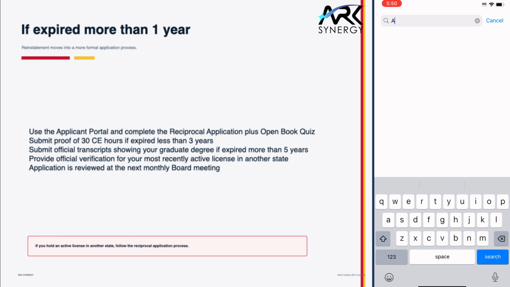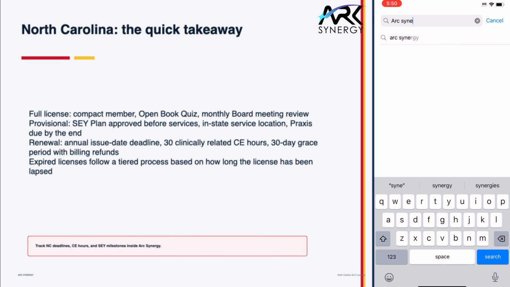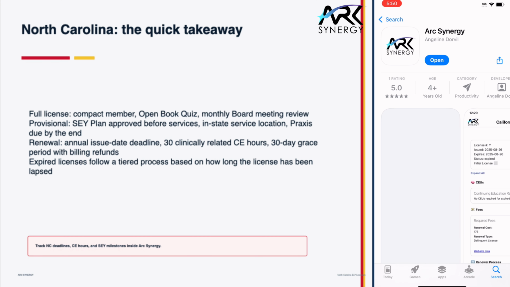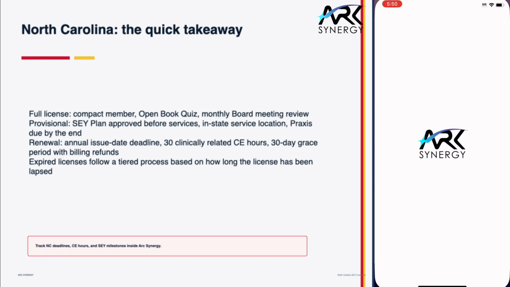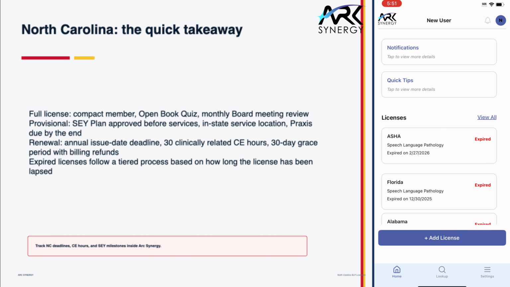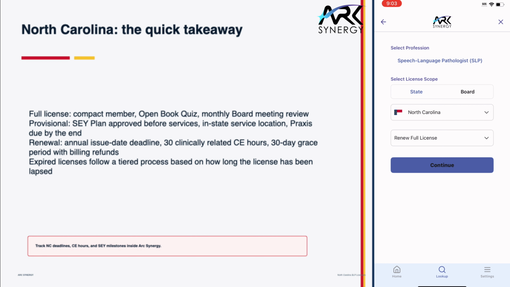And yeah, now let's go over a quick recap before we close out this episode on North Carolina licensure procedure in general. North Carolina renewal is an annual renewal cycle tied to your issue date. There are 30 clinically related CEU hours required, and a grace period with a billing reimbursement obligation is tied to your renewal.